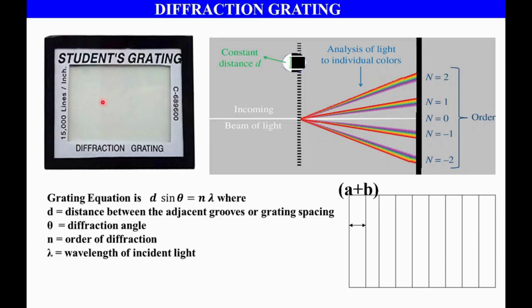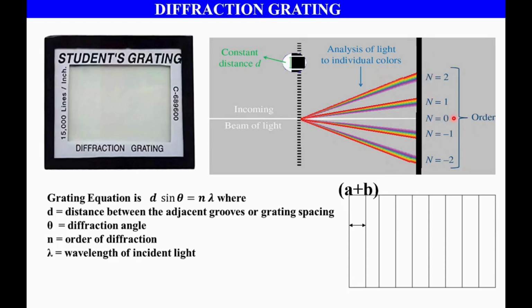Whenever this grating is kept in the diffraction grating stand and a light ray is allowed to fall on it, the incident light gets diffracted by the parallel slits arranged on the grating. Then we observe the diffraction pattern or spectrum on the screen. The spectrum on the screen contains several orders.